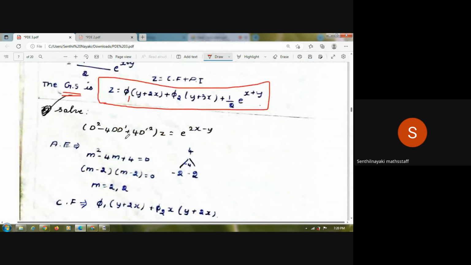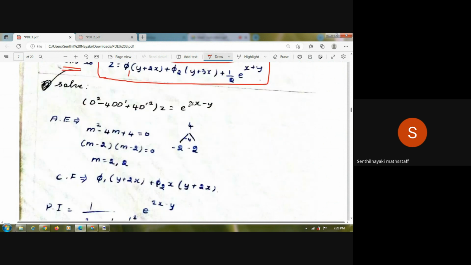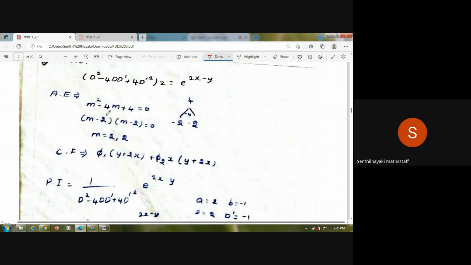Similarly, the second problem: d square minus 4d d dash plus 4d dash square into z equal to e power 2x minus y. The right hand side is an exponential term. So we get a value as 2 and b value as minus 1. First we have to find the complementary function.